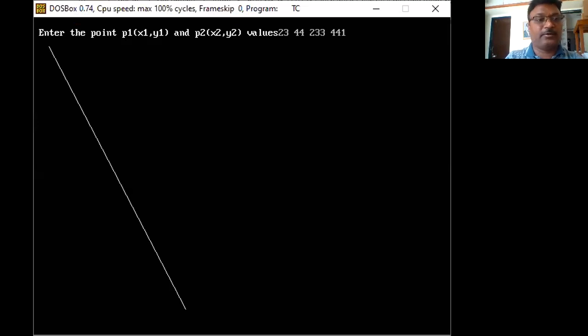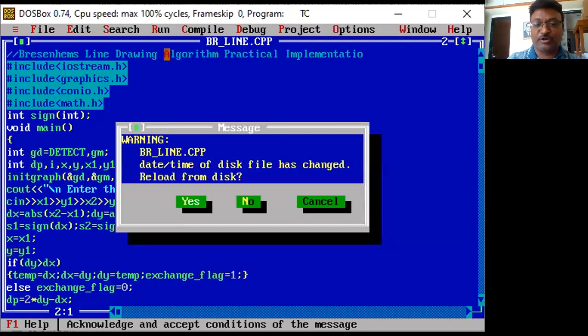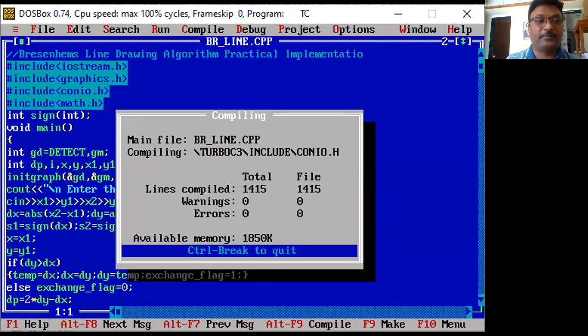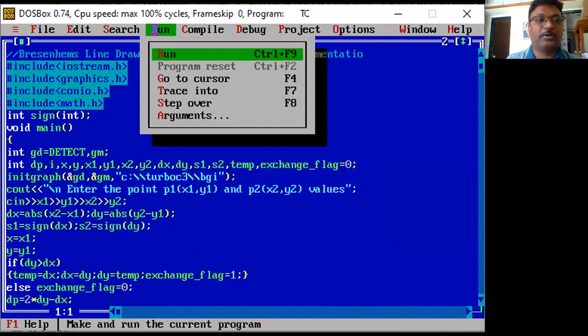So the line should be like this. They have calculated in incremental order. That is not exactly 45 degrees, so suppose I change the coordinates like this. Again compile and then run.